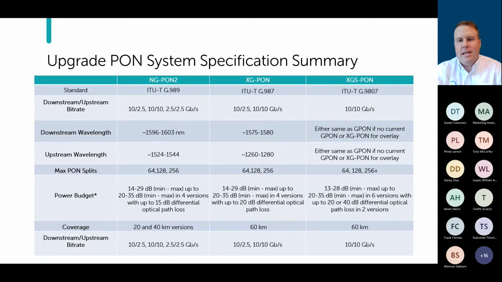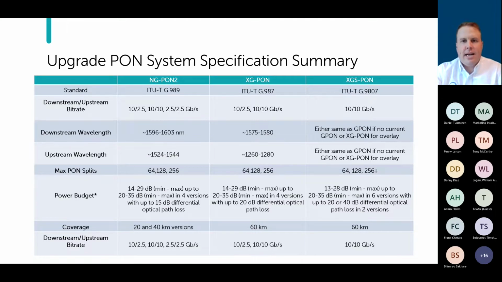As we continue to grow in technology, your XGS-PON is going to give you a lot more coverage in terms of how far you can shoot that light down the road. And with more power, that means we can also go more splits. Instead of using a 1x32 splitter, now you might be in an area where you can do a 1x64 splitter, and now you're hooking up 64 customers on that single fiber instead of just 32 or 16.